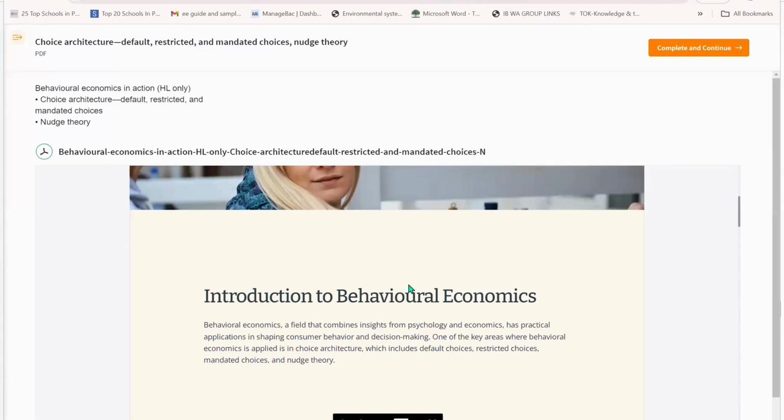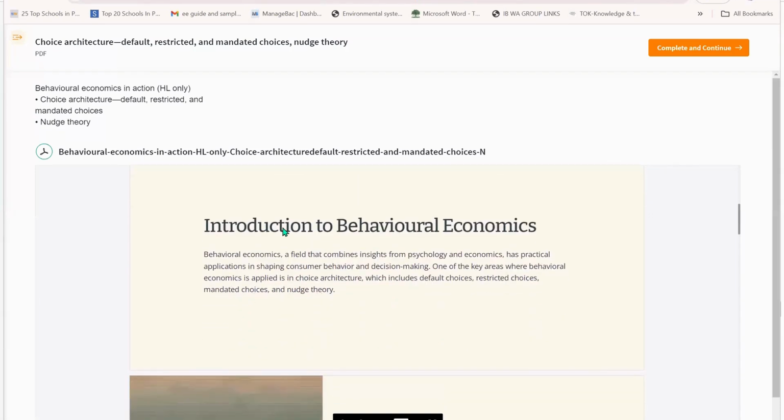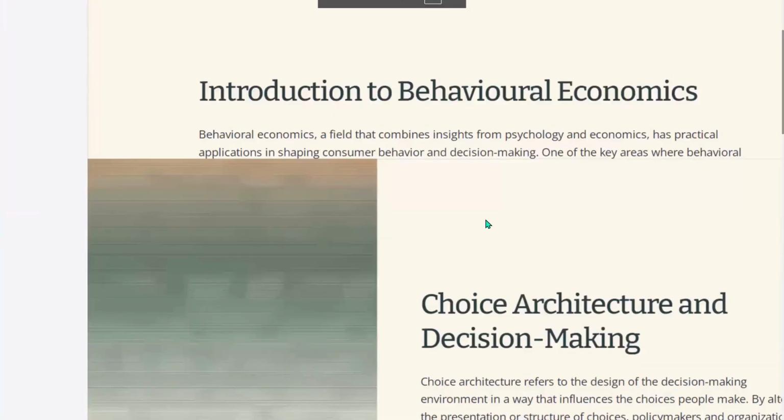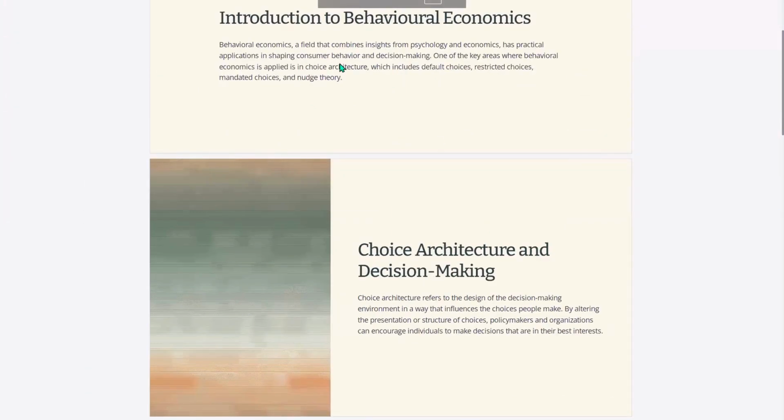Like we just read, behavioral economics is about shaping consumers' behavior and decisions in a way that customers make choices which are better for them. So choice architecture means we can make default choices for the customer.